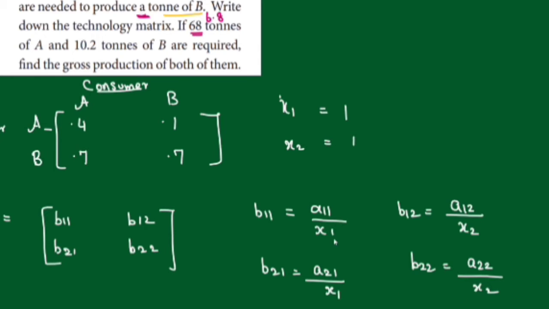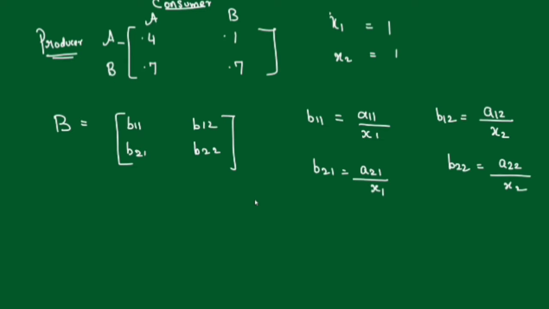But X1, X2 are equal to 1 ton, so you are just going to divide by 1. You get the same thing: 0.4 by 1, 0.1 by 1, 0.7 by 1. So the technology matrix is the same here, 0.4, 0.1, 0.7, 0.7.